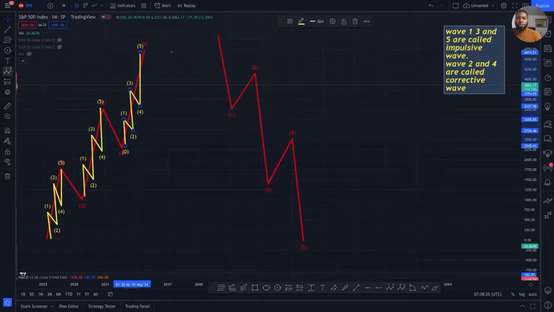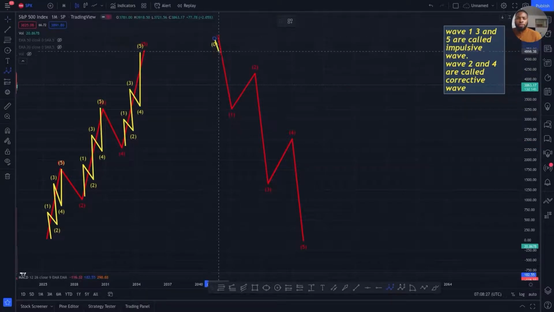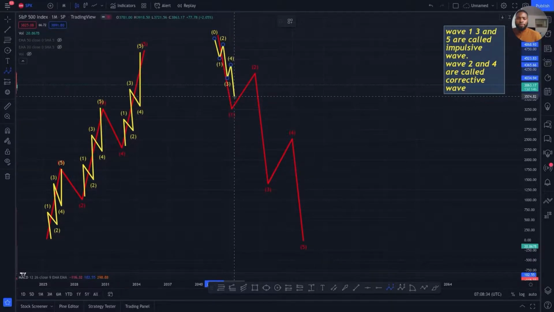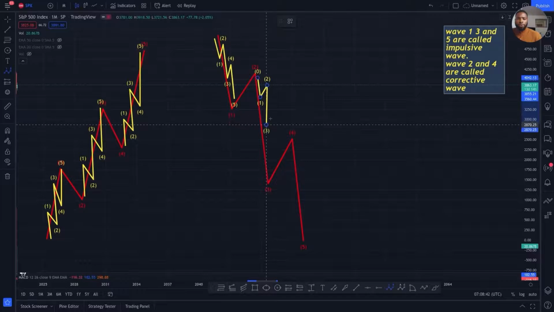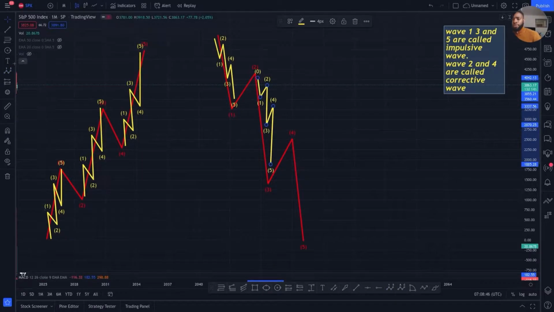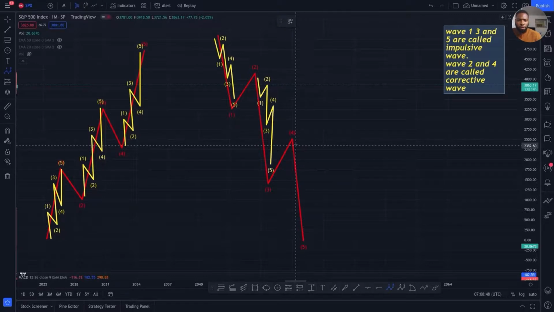Similarly for a downtrend, the direction is different: 1, 2, 3, 4, 5. So the third impulsive wave is this: 1, 2, 3, 4, 5. And the fifth impulsive wave, wave 5, is also an impulsive wave.